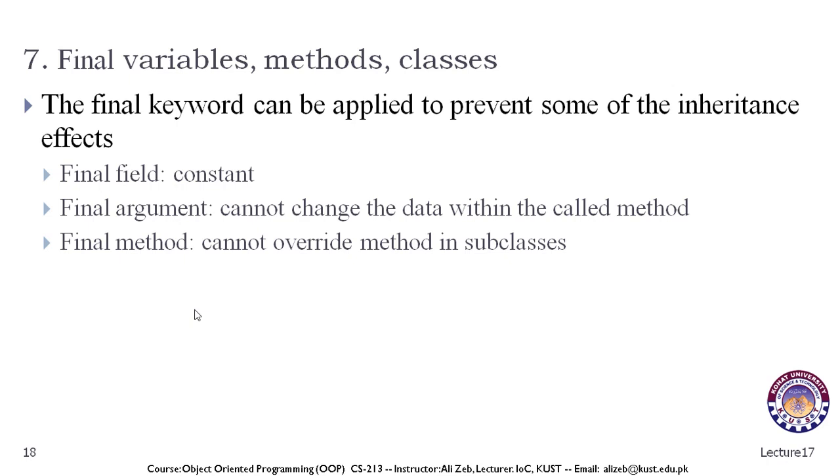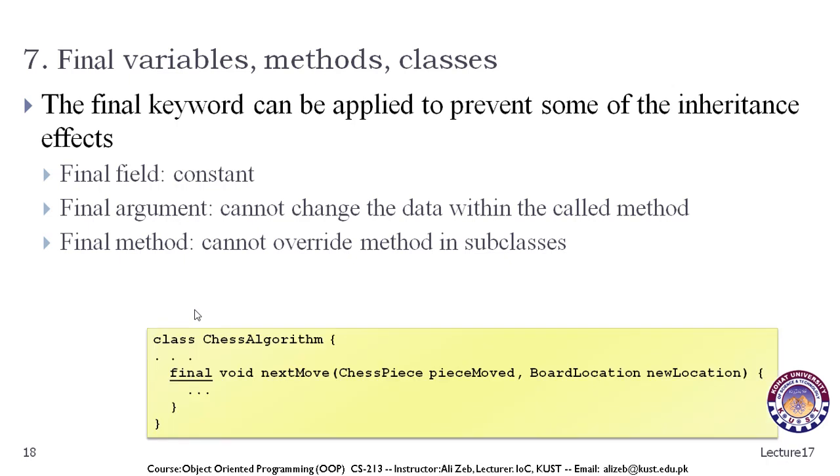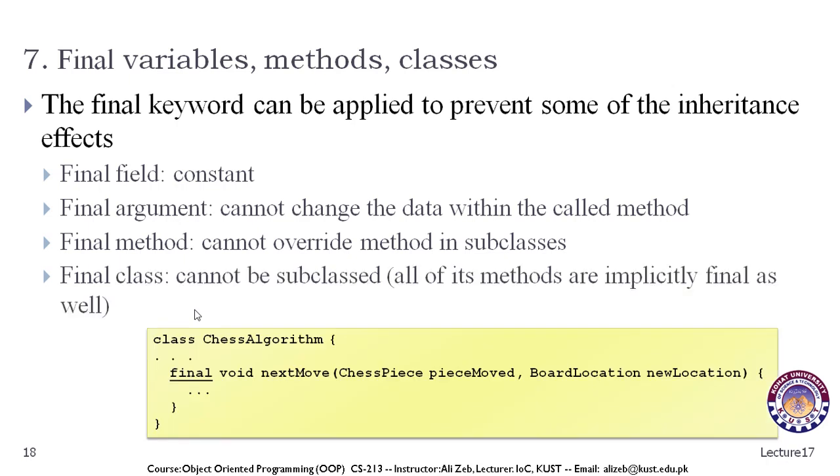So if we want to prevent a method from being overridden by the subclasses, you can declare that method as final. Let's say we have a method that has been declared as final. Now if a class inherits this class, then that class will not be able to override or re-implement this method. A final class cannot be subclassed.